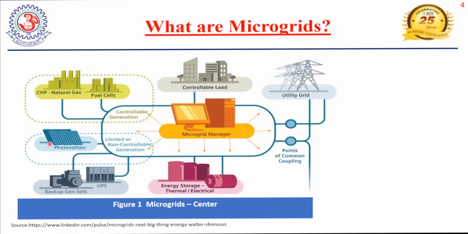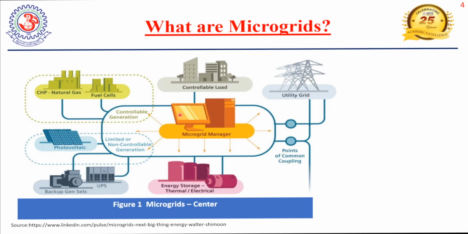With the help of the photovoltaic system we will generate electricity, and that electricity we can send to the consumer point. Or, if we are generating more power than our requirement, we can send it to the utility grid, or you can say the conventional grid or conventional power system.